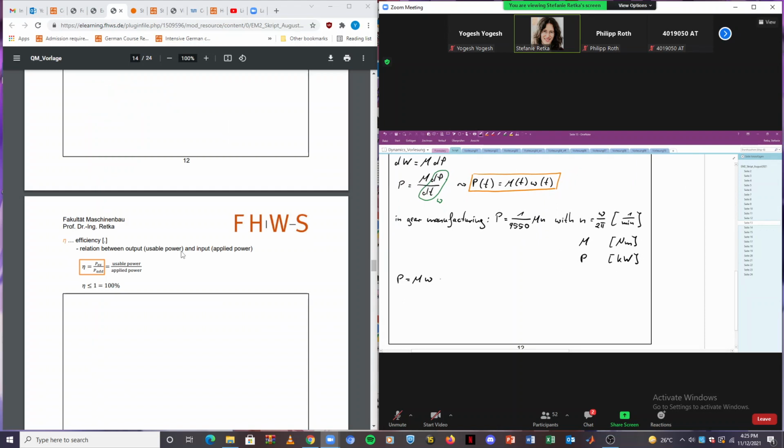Now, our dimension is Newton meter per minute.